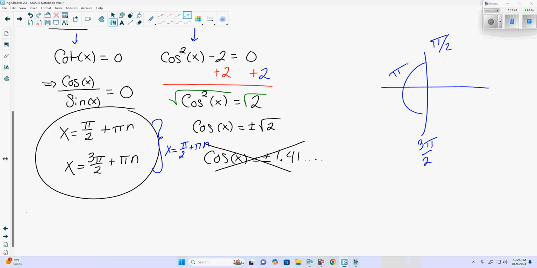When I add pi to 3 pi over 2, I get the coterminal angle for pi over 2. So if you list both of them, that is correct. Those are the correct angles. But they do repeat themselves, so we don't necessarily need it twice. So we can condense those 2 statements into just x equals pi over 2 plus pi n. Questions on this here?